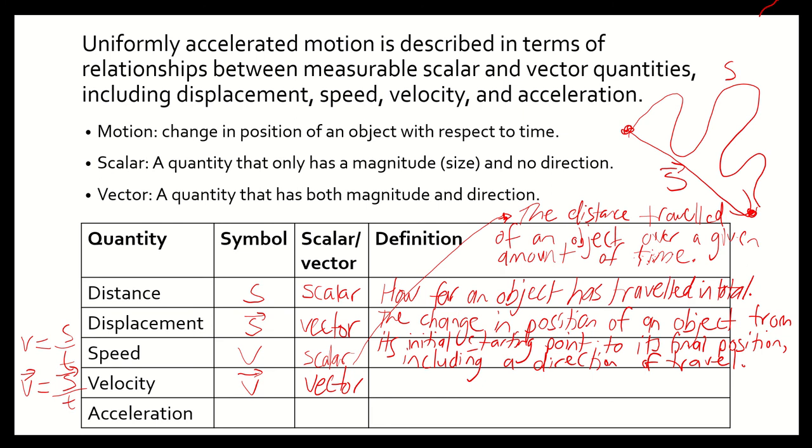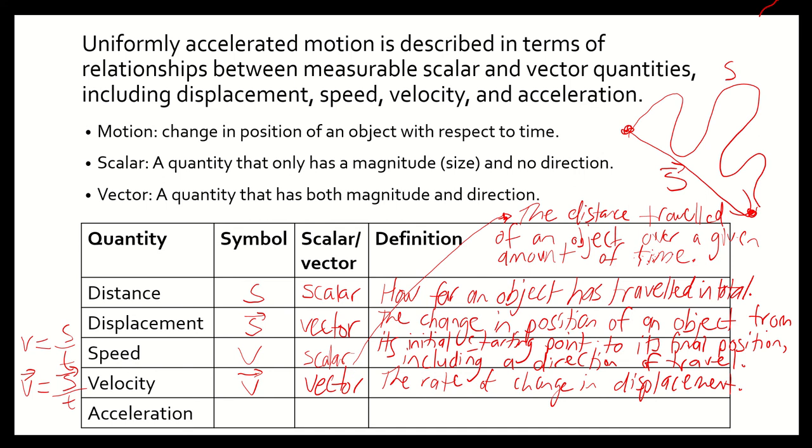Basically, velocity is the rate of change of displacement. Or you could say it's the displacement of an object over a given amount of time. Velocity is displacement over time.